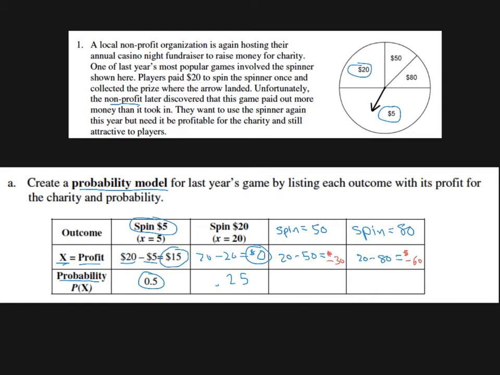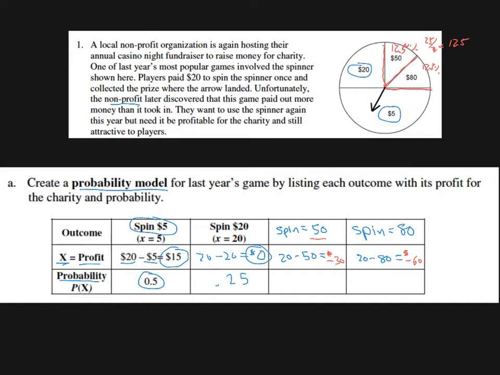Now, what happens if the spinner lands on 50? Well, again, this area here, we're estimating that this is the same, so this is probably 12.5% and 12.5%, because that's half of 25. So we're going to leave that as is and make that assumption.